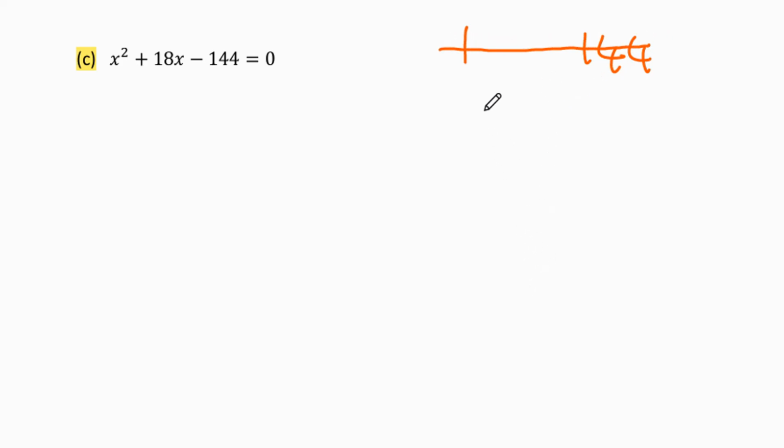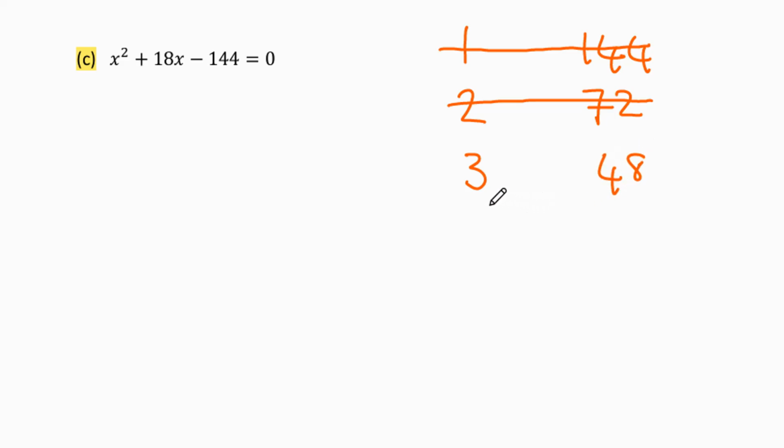In this process of finding the factors of 144, we can use a calculator. So 2 and 72 will be the next set of factors. 2 times 72 gives 144. Now, 2 and 72 cannot ever give us 18, whether we add them or subtract them. So this won't work.